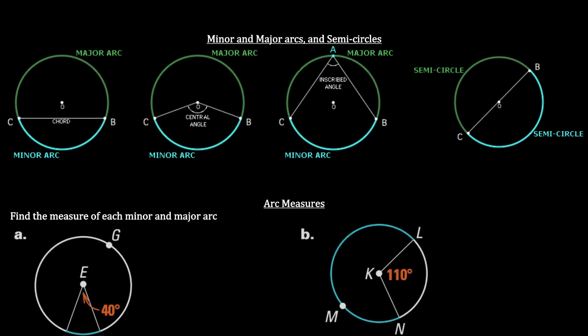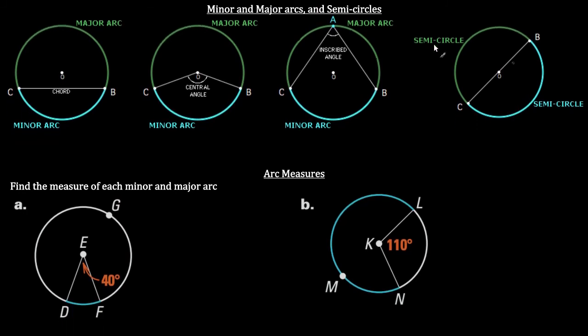All right, so there are these things called major and minor arcs. You see how this circle is comprised of two arcs. This arc here and this arc here. So arc CB this way and arc CB this way. This is the minor arc because it is the small one, and the major arc is the large one.